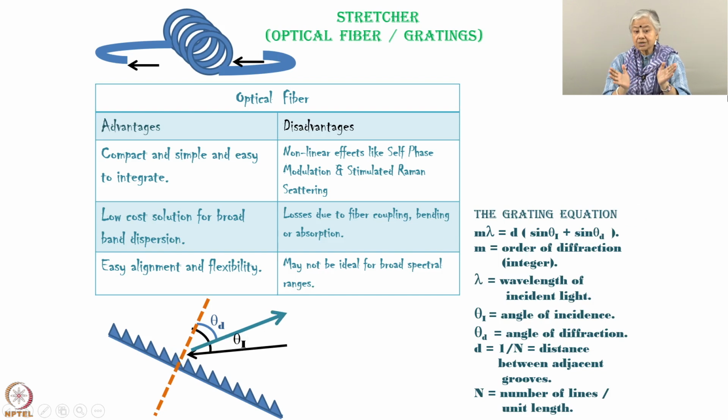This angular dispersion has to be converted into a long pulse length. So, you are going to make use of this angular dispersion to get a longer pulse length. Here, lambda is the wavelength, theta I is the angle of incidence, theta d is the angle of diffraction, and d is 1 by n, the distance between adjacent grooves.